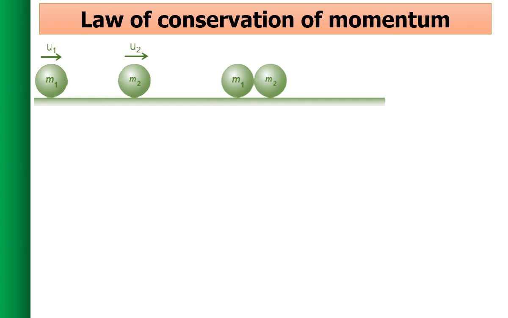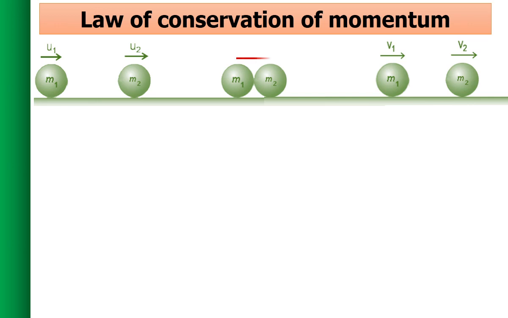After some time they collide with each other and then they start to move with new velocity. That means new velocity of body m1, or final velocity, is v1, and final velocity of body m2 is v2.